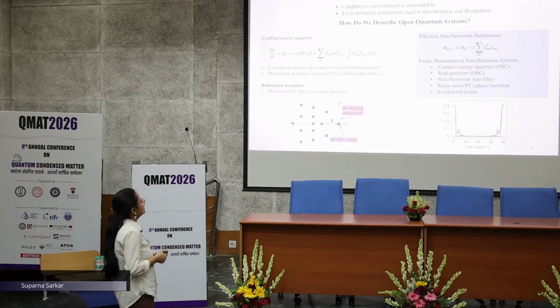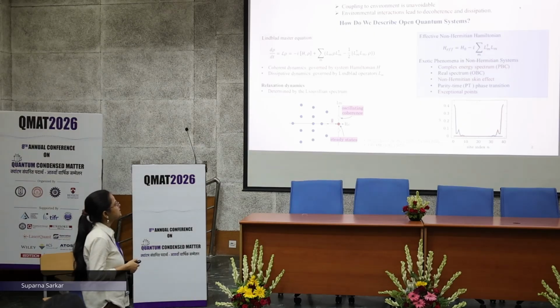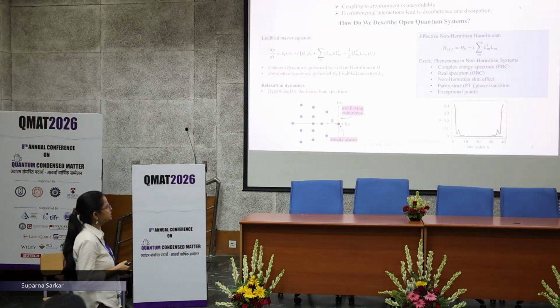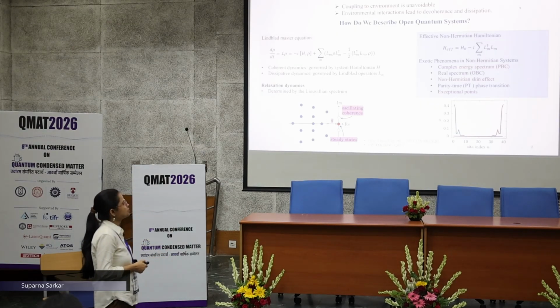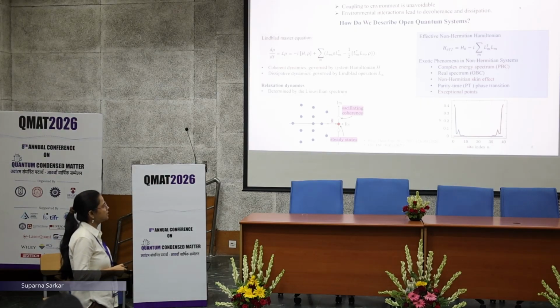Another way to study this system is the effective non-Hermitian Hamiltonian, where H0 is the system Hamiltonian and the Lm part is the dissipation part. Basically this non-Hermitian system shows several exotic phenomena, like the PT symmetric phase transition through exceptional points where the eigenvalues and eigenvectors coalesce, and the famous non-Hermitian skin effect where the eigenfunctions localize at the boundaries.